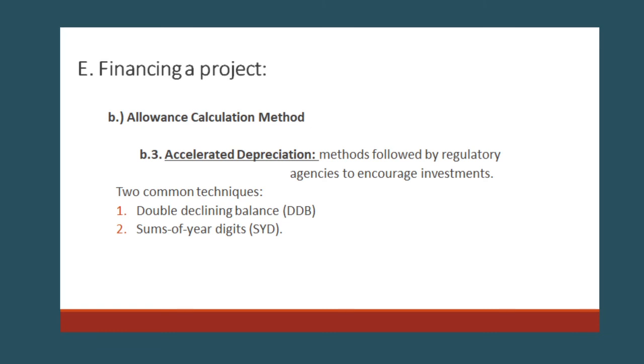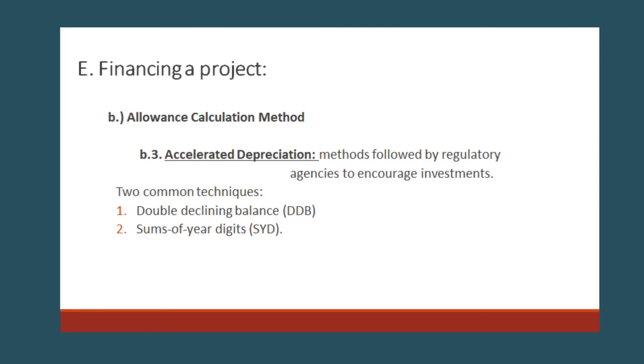So double declining balance, or DDB, refers to a depreciation rate that is applied at double, or 200 percent, that of the purchase price, while the sum of year digits, or SYD, depreciates an asset by a depreciation factor unique each year.